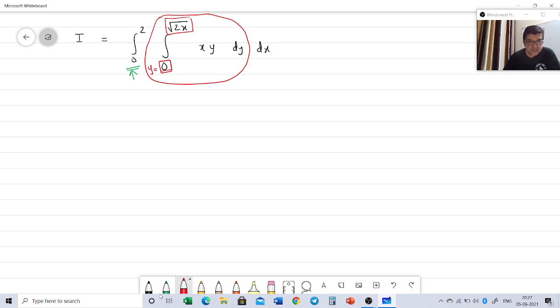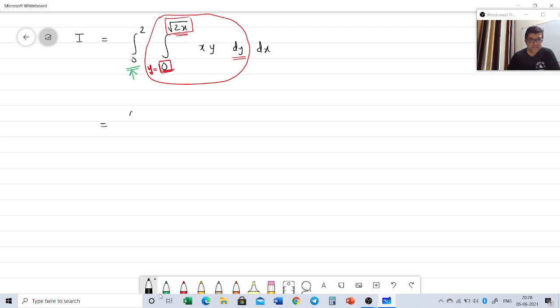Here inner limits are functions of x. That means these are limits of y, variation of y. When inner limits are function of x, then these are values of limits of y. So we should integrate with respect to y first. Here the order of integration is rigid. You don't have a choice.